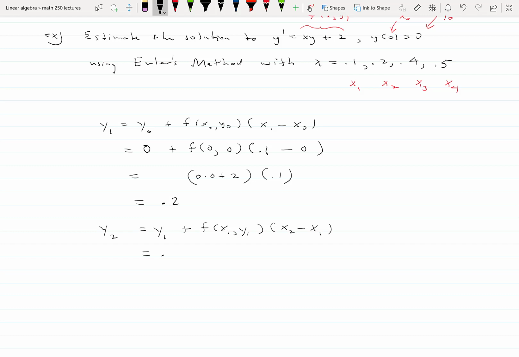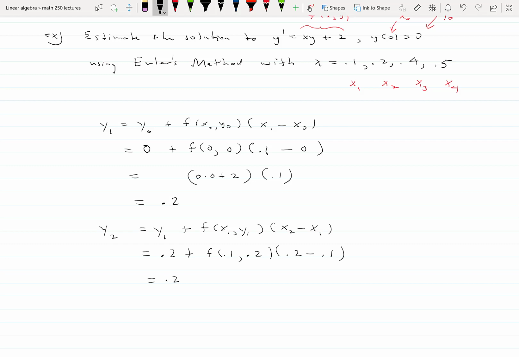y1 was an approximation, and we're using that to build another approximation. So we're compounding error: y2 equals y1 plus f of x1, y1, the formula for the derivative, times x2 (0.2) minus x1 (0.1).